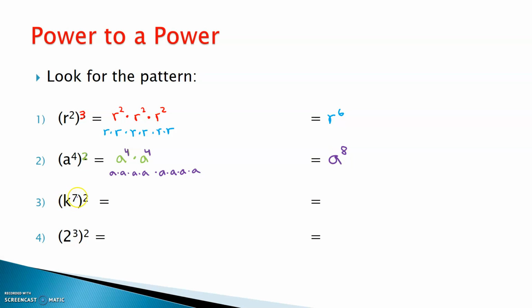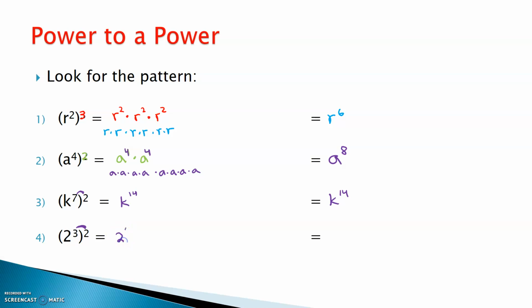Whenever you have a power being raised to another power, you want to make sure you memorize this so you don't have to show all this extra work. You can, of course, but all you're really doing is multiplying these guys together. So 7 times 2 is going to give us 14, k to the 14th power. What do we do with the 3 and the 2, these two powers?